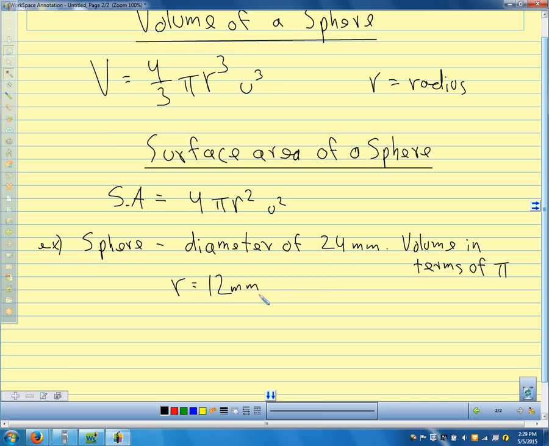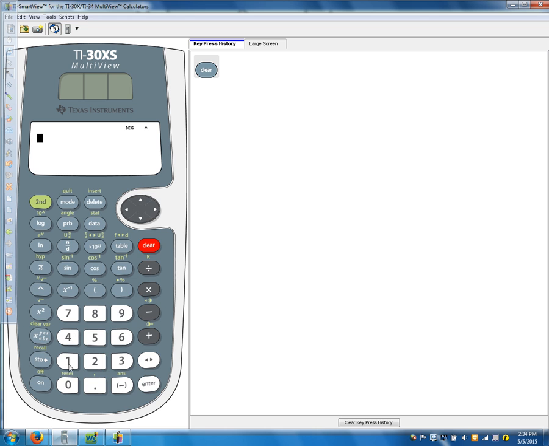Then I plug that into my calculator. So the volume is 4/3 pi times 12 cubed. Let me show how to do a cube on your calculator. I'm going to do 12, and then this little up arrow, and then 3.